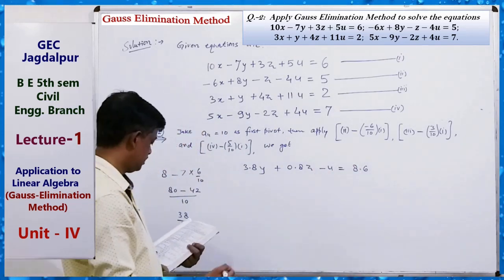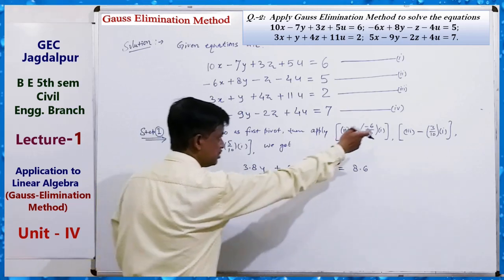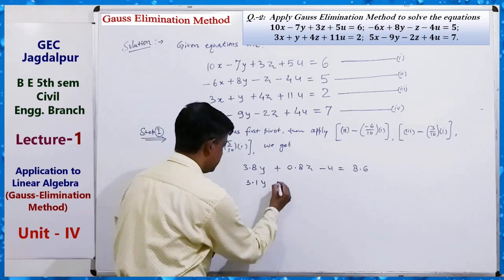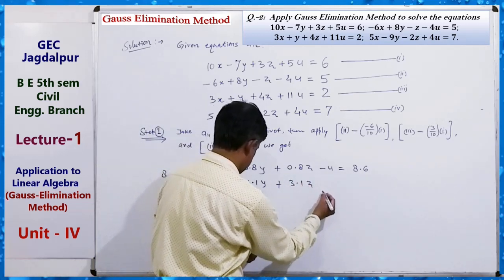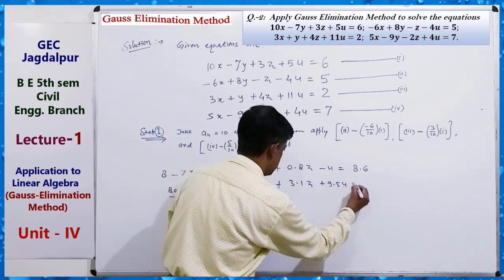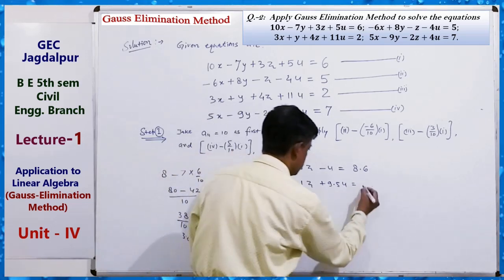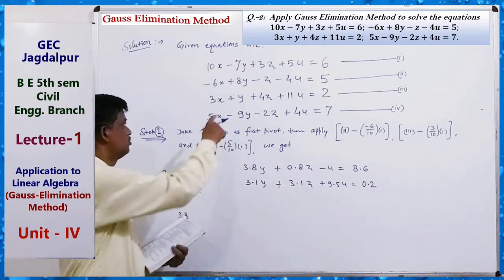Similarly 3.1y by using this operation, 3.1z, and plus 9.5u equals 0.2 for this equation.